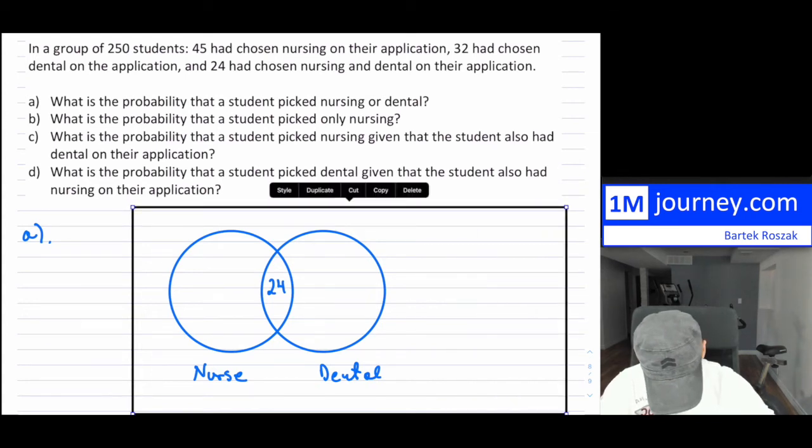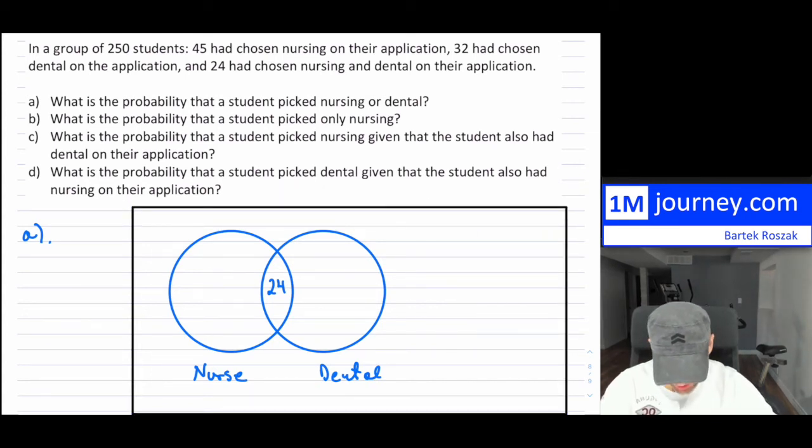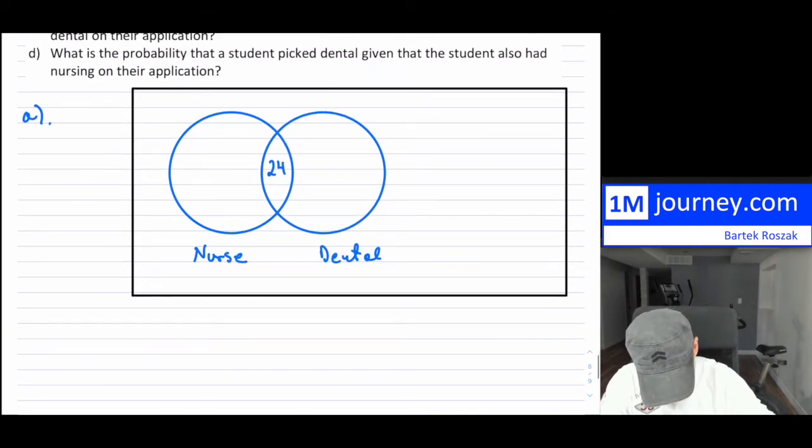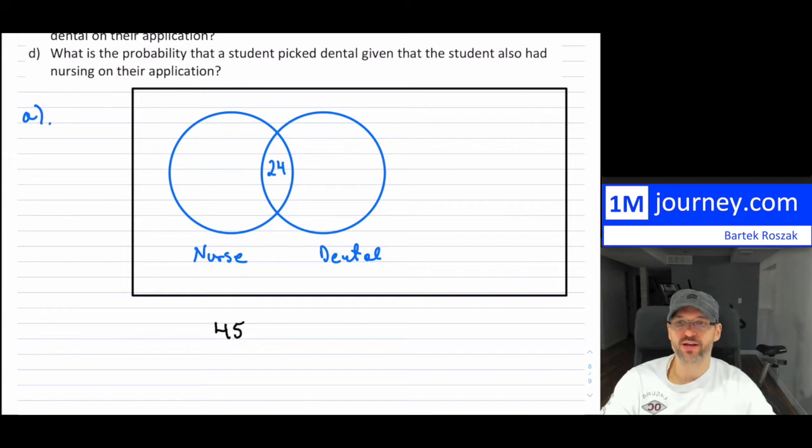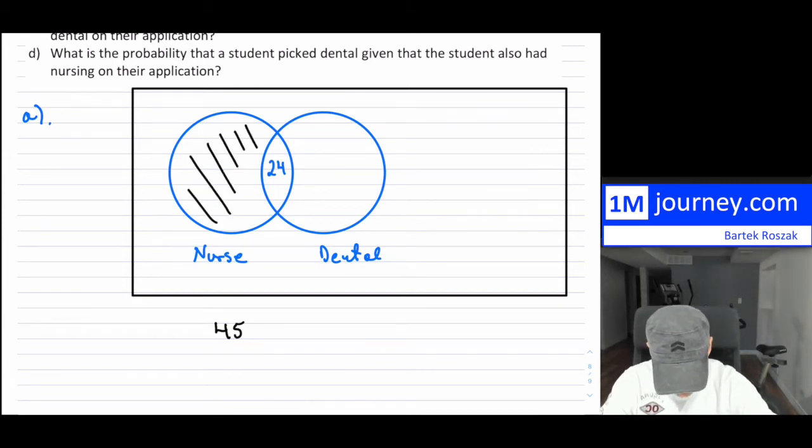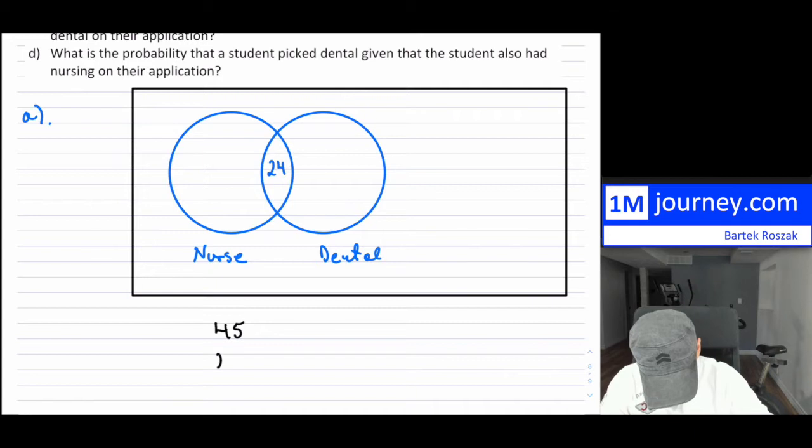Okay, so let me do it this way. How many nursing students did we have? How many dental students did we have? In terms of nursing, you had 45 on the application. But if we want to draw the Venn diagram, we can't write 45 in this entry because we've already had 24.